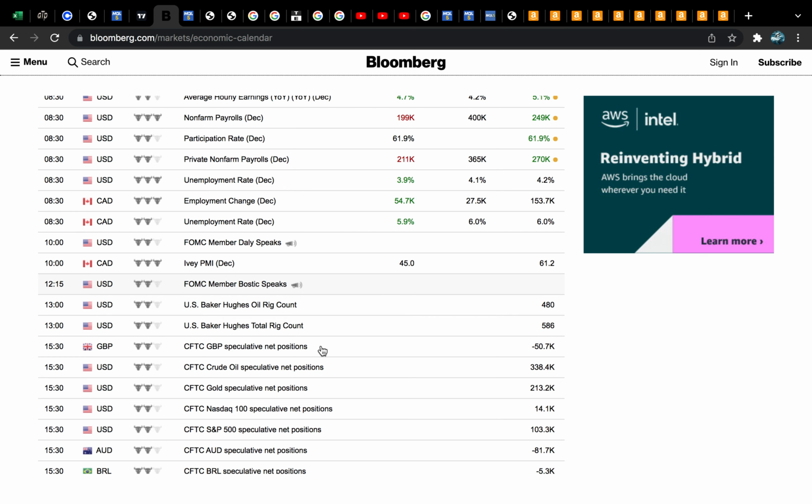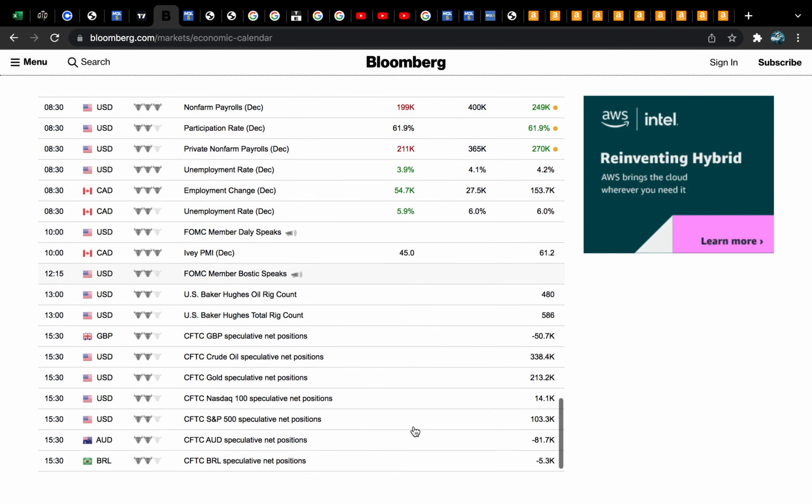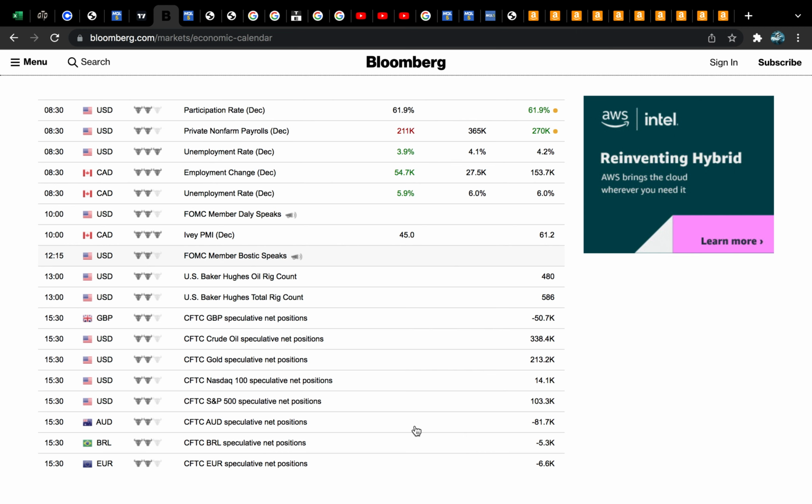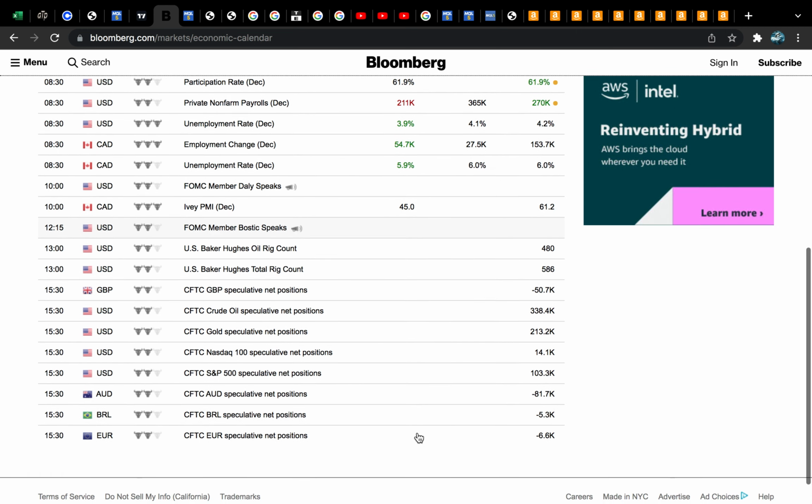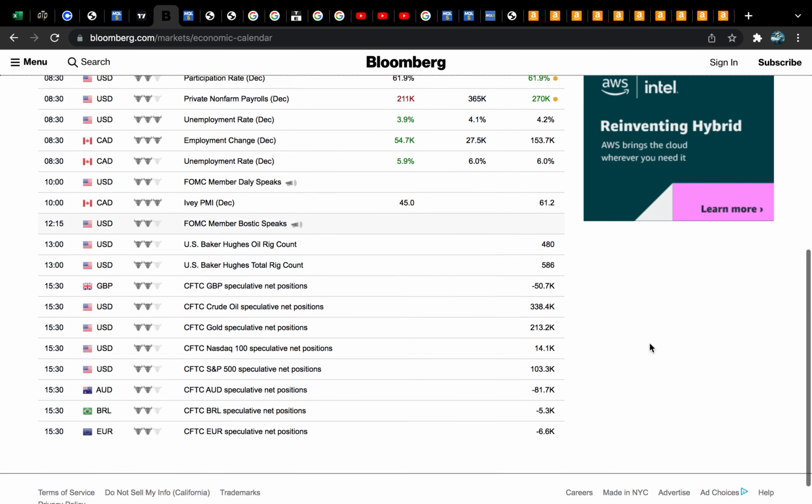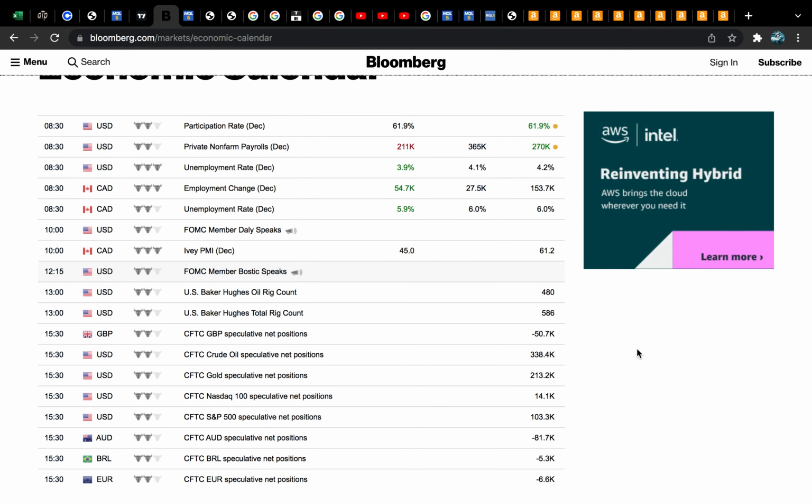Oil. GBP speculative net positions at 3:30. Oil, gold speculative. Euro speculative at 3:30. So the market could keep moving till the very end of the day today, potentially.